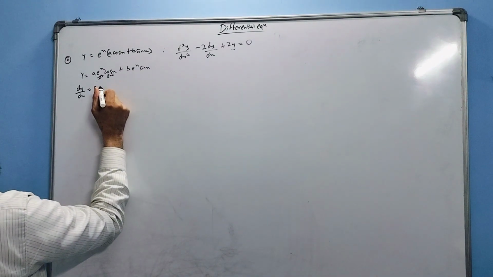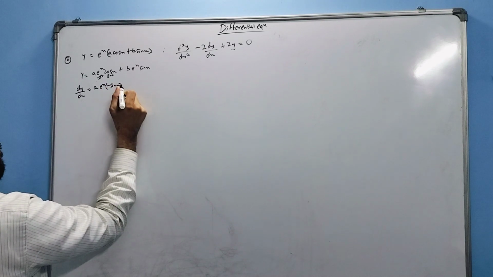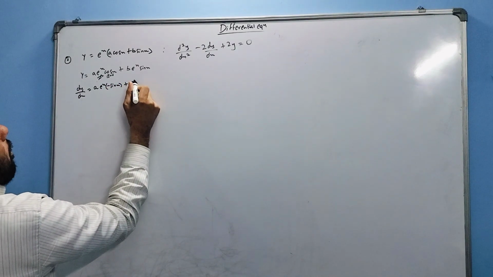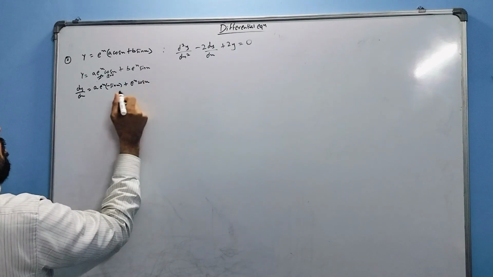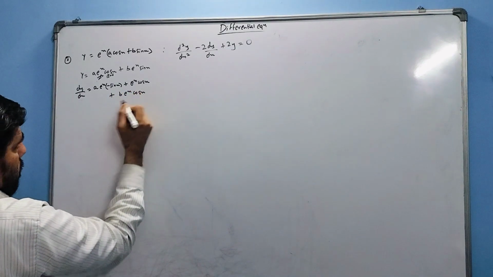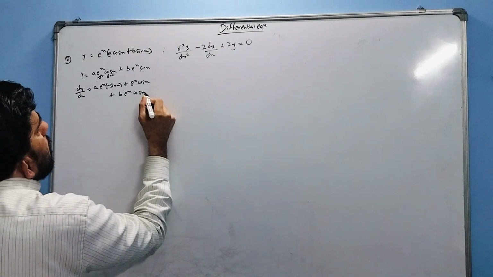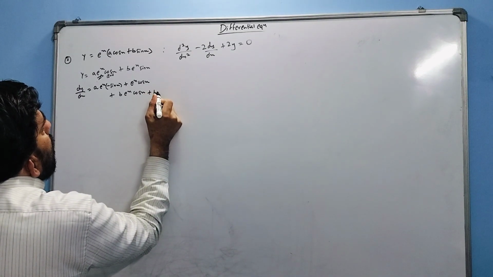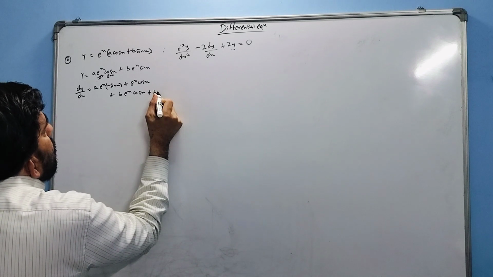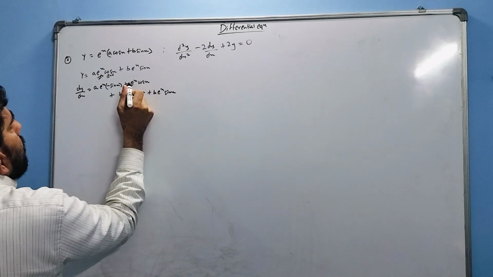So we get a e raised power x minus sin x plus e raised power x cos x, plus b e raised power x cos x plus b e raised power x sin x. Okay, so I have this.